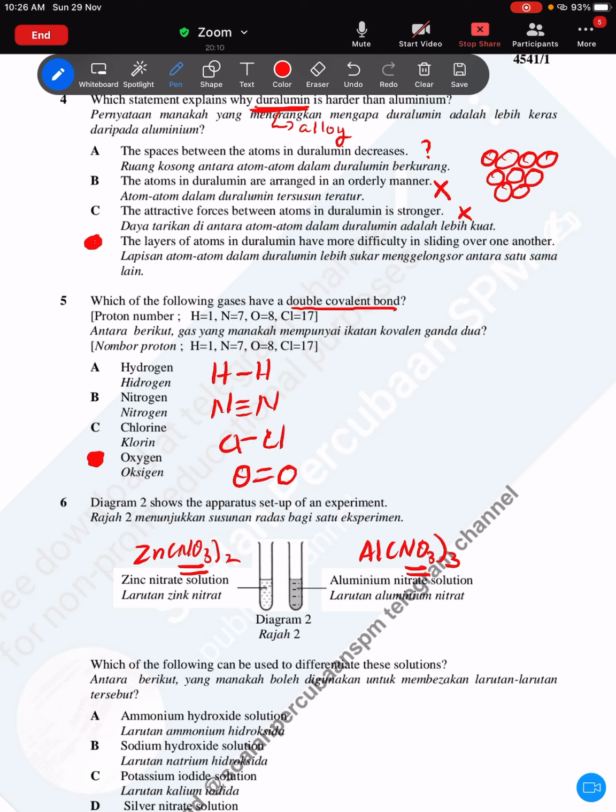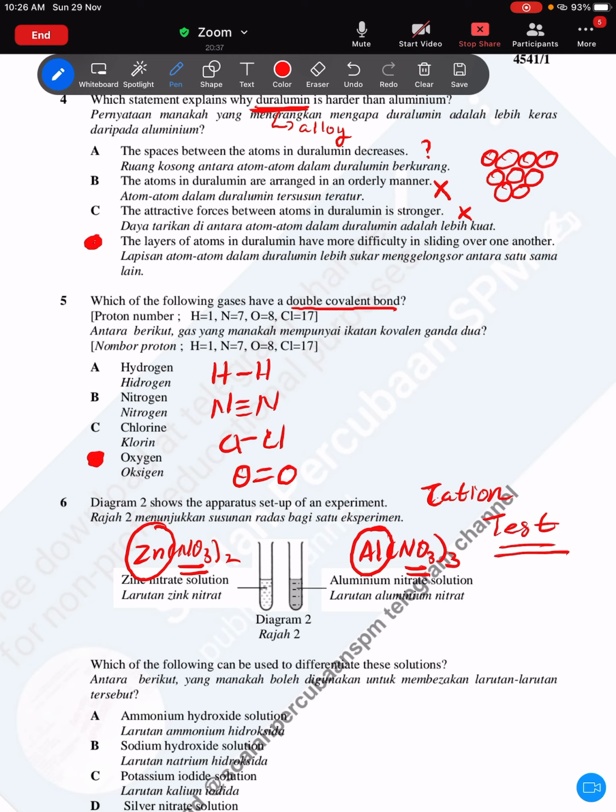Therefore, in this question, we are not going to differentiate the nitrate. Jadi, we are not going to do the brown ring test. No. The question here is to differentiate between the zinc and aluminium. Therefore, it is a cation test.